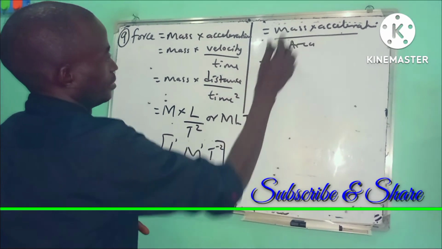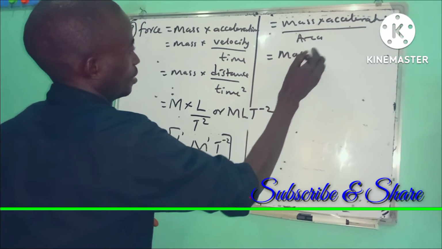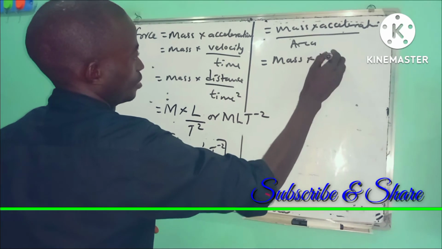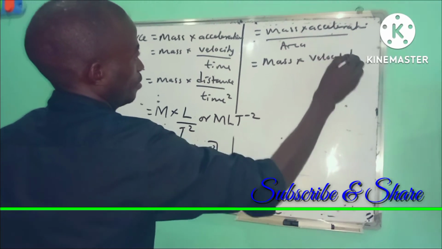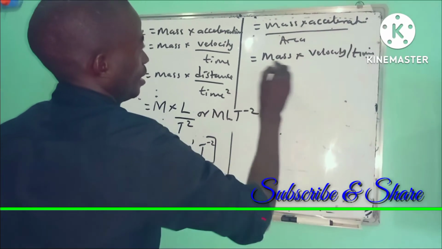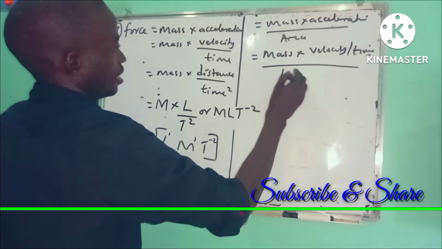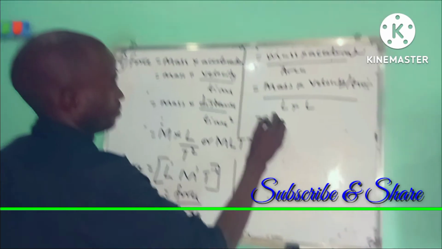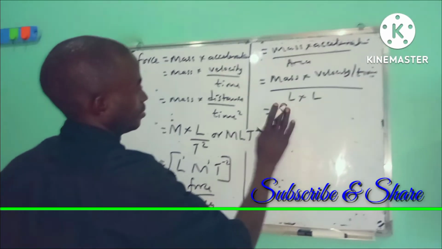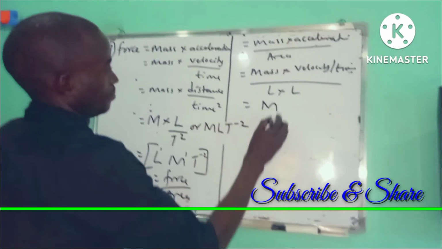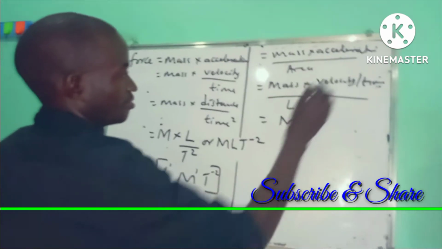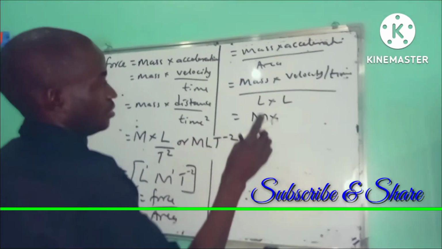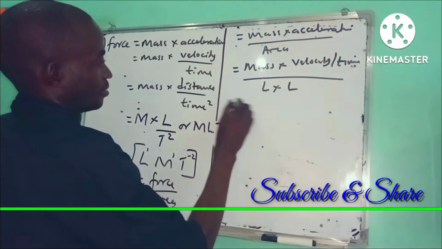And acceleration is velocity over time, and this area can also be broken down as length times length. So we have mass, that is capital letter M here, times velocity over time. Let's go further.